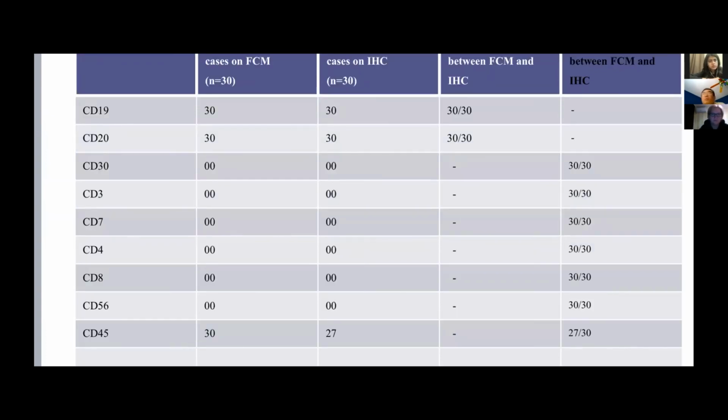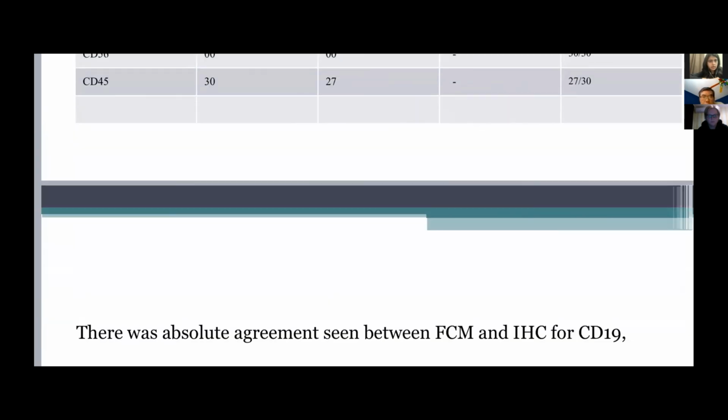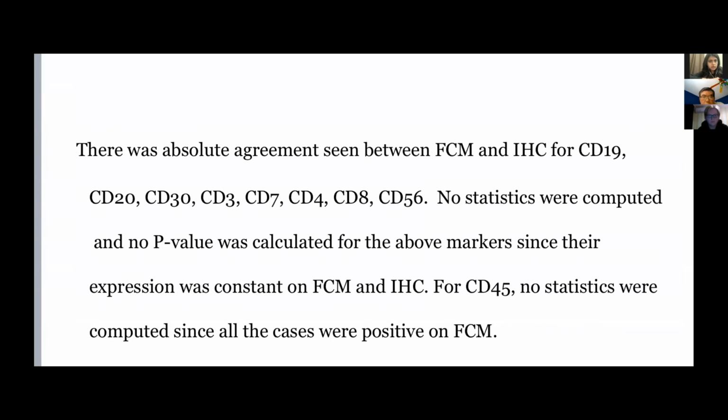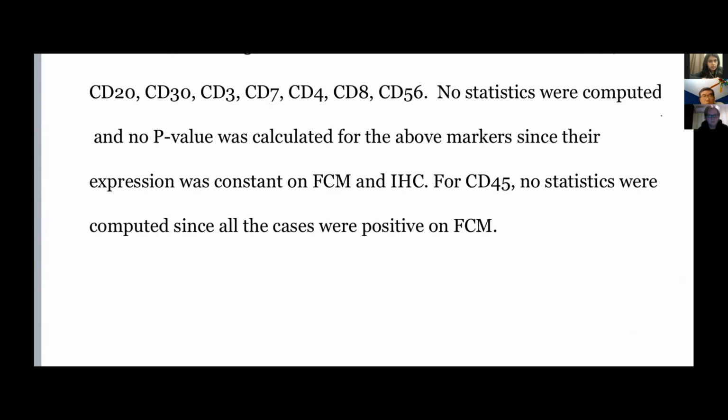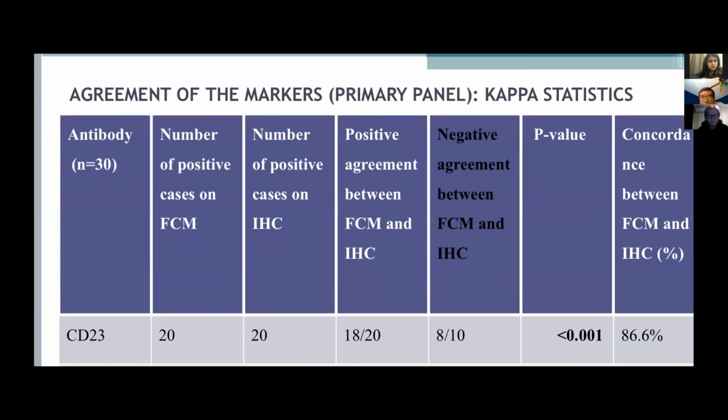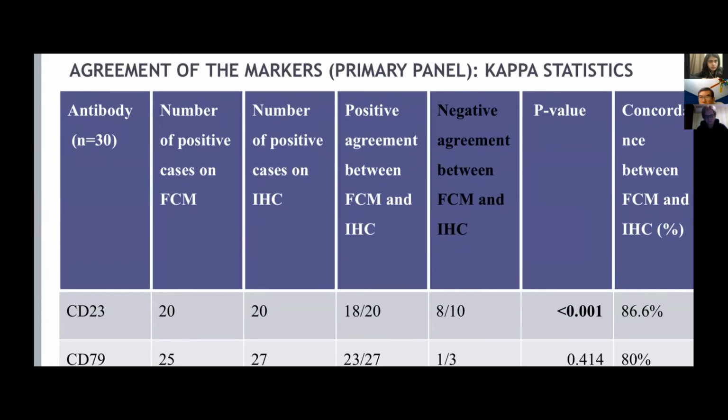Why? Because all these markers were either positive or negative on both flow cytometry and IHC. So we could not apply kappa statistics here, and no p-value was calculated for these. But there were a few markers that showed discrepancy on flow and IHC.